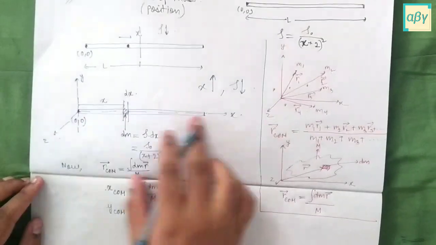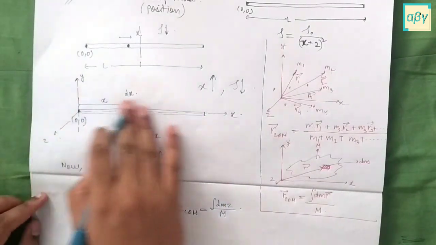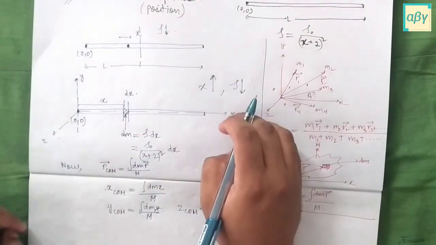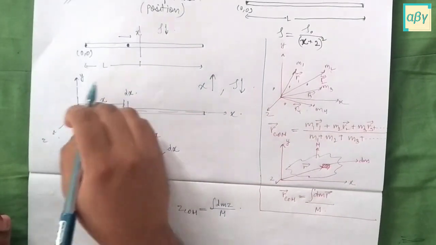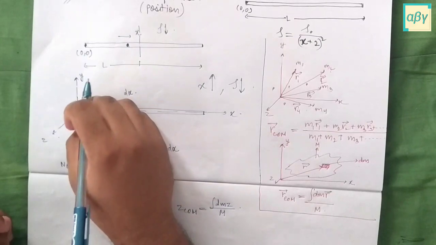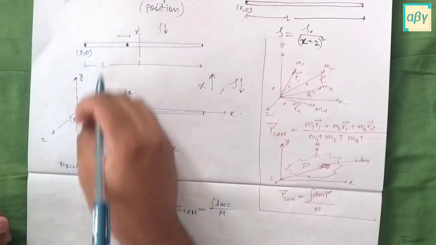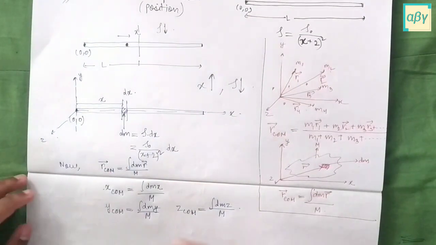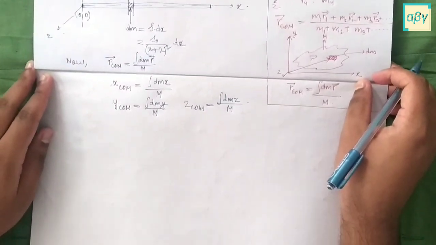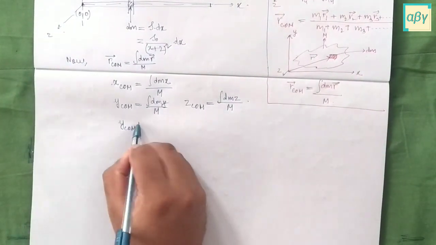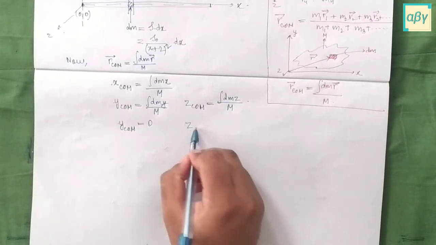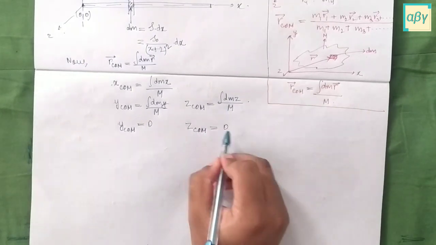Now, if you look, this rod is concentrated along the x-axis only. So the center of mass will be along the rod, which is also along the x-axis. So the center of mass will not lie along the y-axis or the z-axis. So the y coordinate of the center of mass will be 0, and similarly the z coordinate of the center of mass will also be 0.